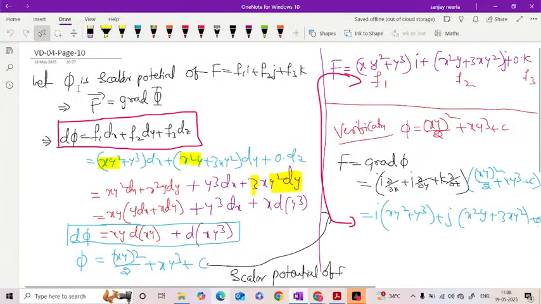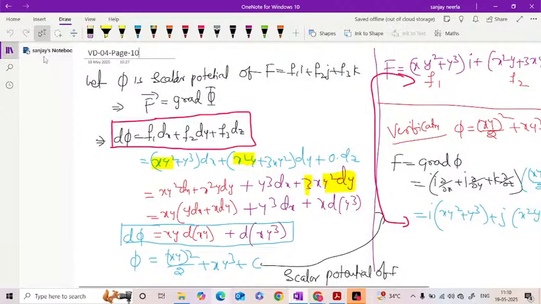So here I am assuming pi is the scalar potential field of f. That means f is equal to f1 i plus f2 j plus f3 k, and the scalar potential field of f means f is equal to gradient of pi. Definitely here d pi is equal to f1 dx plus f2 dy plus f3 dz.